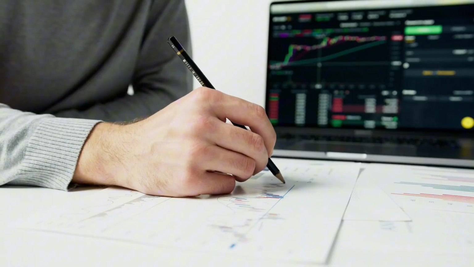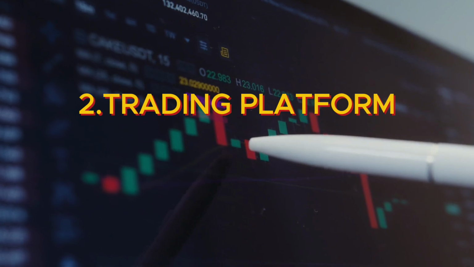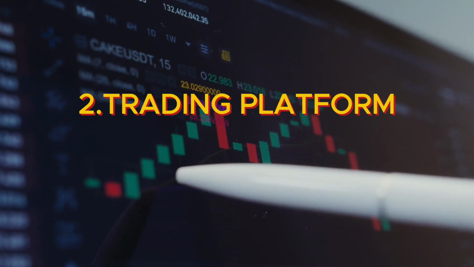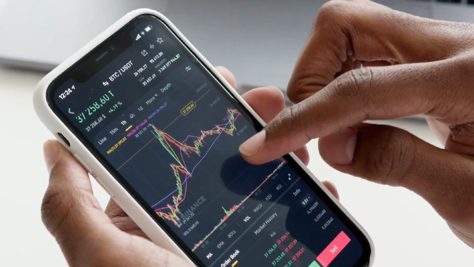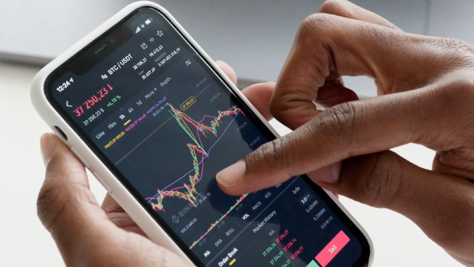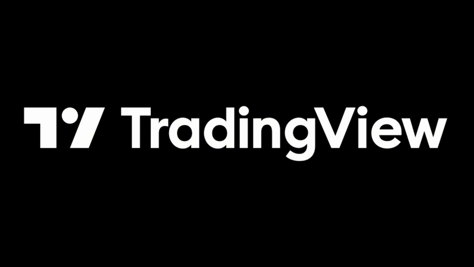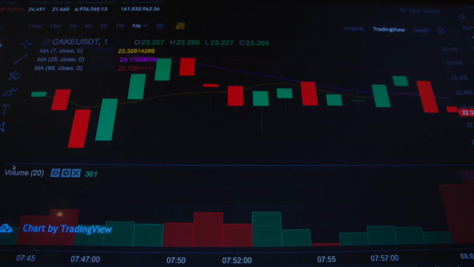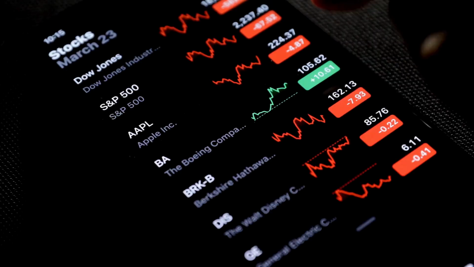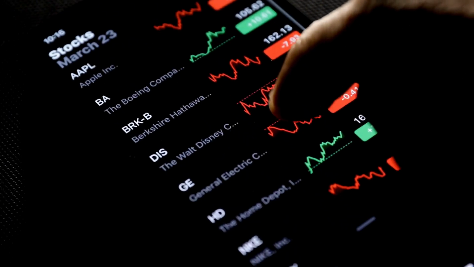And also, after knowing the basics of forex trading, you have to know the trading platform you need for your analysis and also for you to take your trades. That is where you're going to analyze the market and also take your trades. The best trading platforms out there are TradingView, MetaTrader 5 or MetaTrader 4. TradingView is mostly used for market analysis, whereas MT5 or MT4 is where you're going to take your trades.